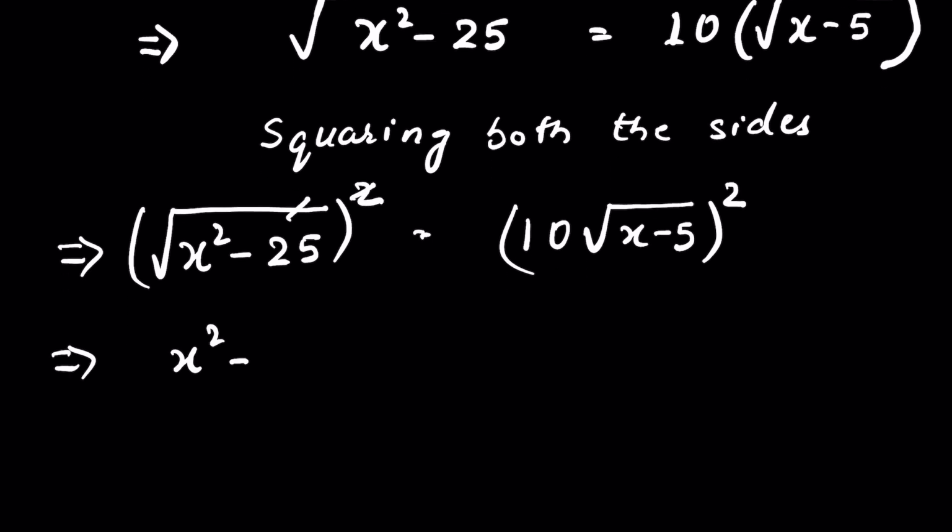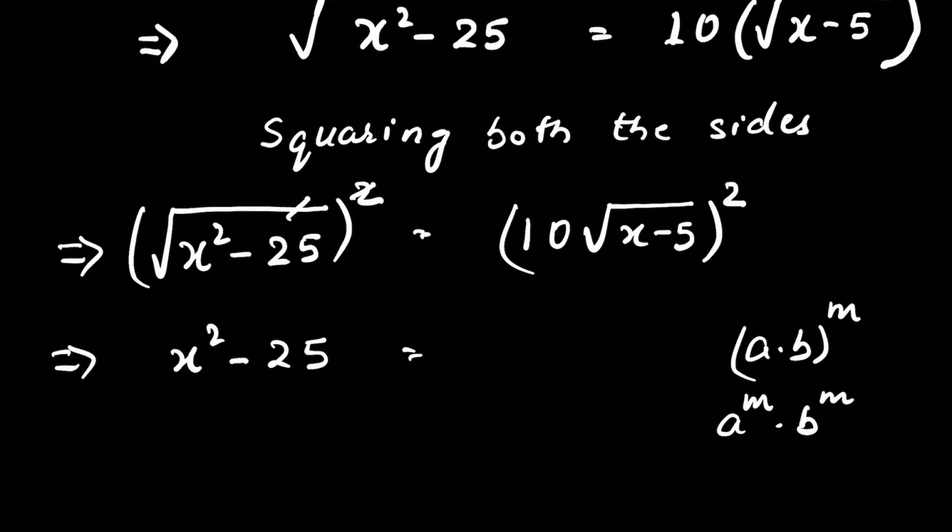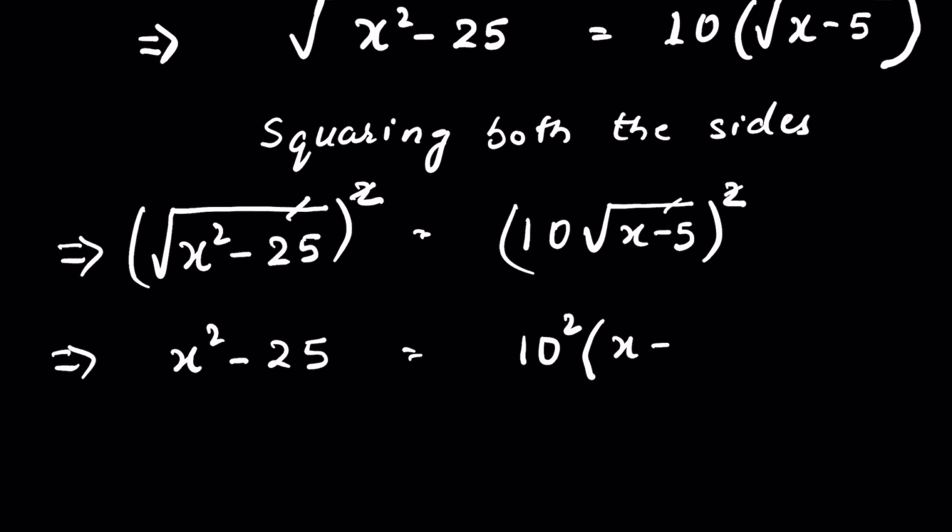So it will be x² − 25 is equal to, now this is in the form of (a times b) whole raised to the power m, and this is equal to a raised to the power m times b raised to the power m. So as per this property, it will be 10 raised to the power 2, and this square root gets cancelled with this square. So it will be times (x − 5). 10 square is 100, so we can write here 100.